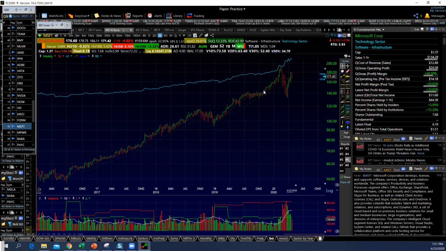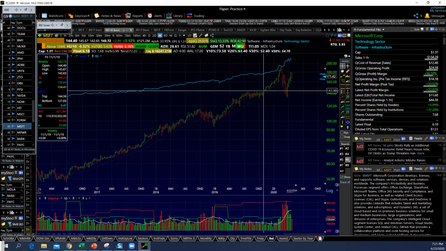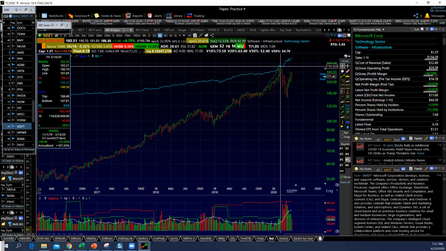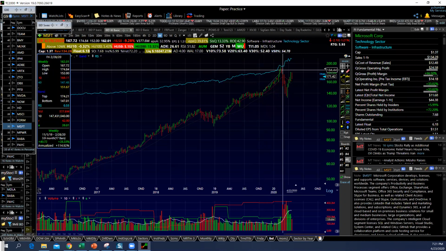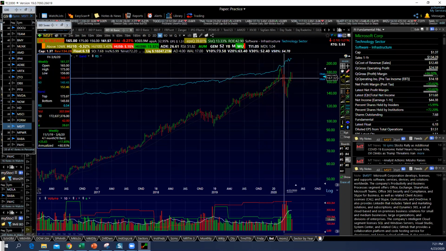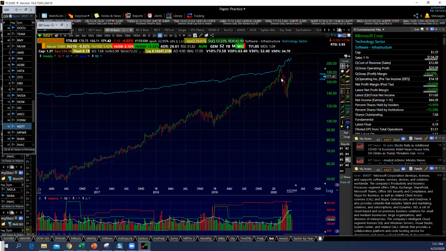Either case, here's your breakout week. From here, it made a nice move to the peak. You're up at 32, but let's say you waited until it broke the 10 week, so you would be selling down here. That's 17%, so 10,000 would be 1,767.